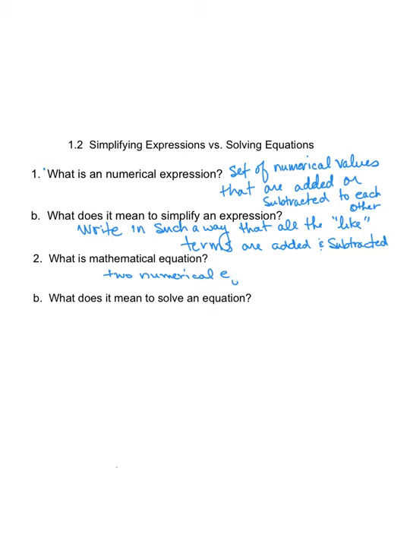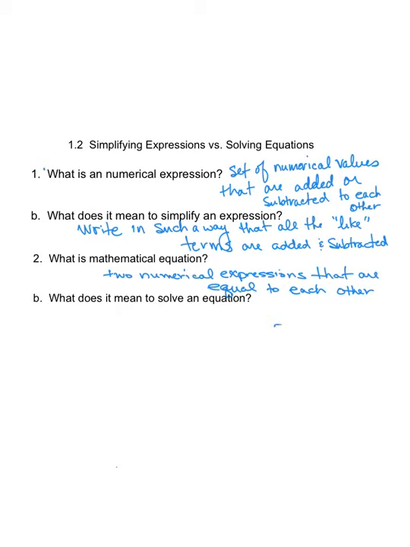Gotta spell it right, Richards. Expressions that are equal to each other. So if we have two numerical expressions that are equal to each other, then we have an equation. Very nice, thank you.